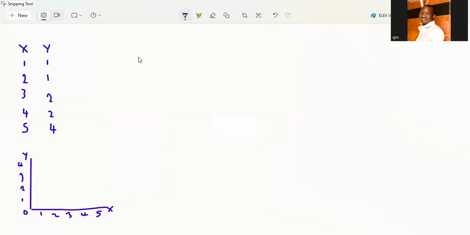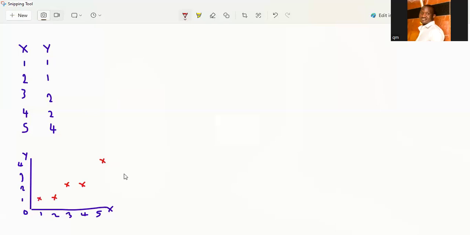Let's plot these appropriately. The first one is (1, 1), put here; (2, 1), put here; (3, 2), put here; (4, 2), put here; and (5, 4), you put it here. So we've sketched.